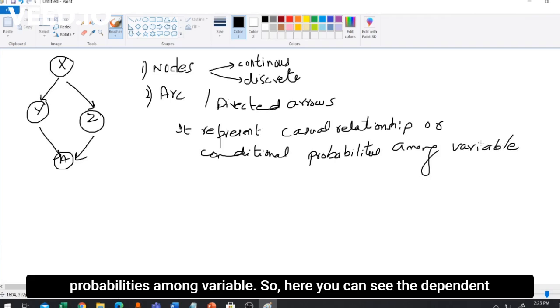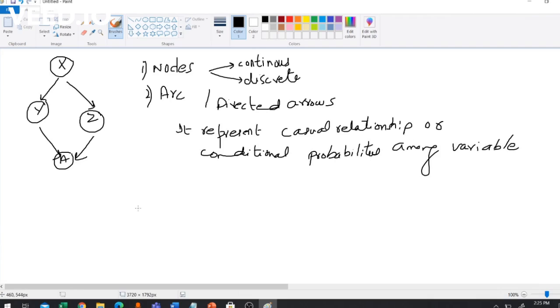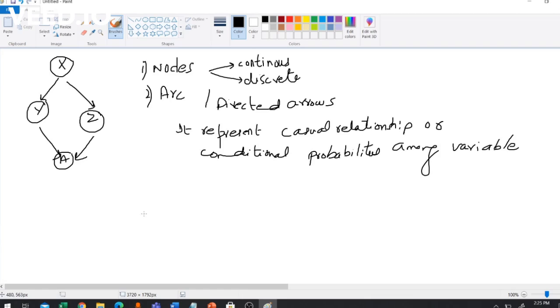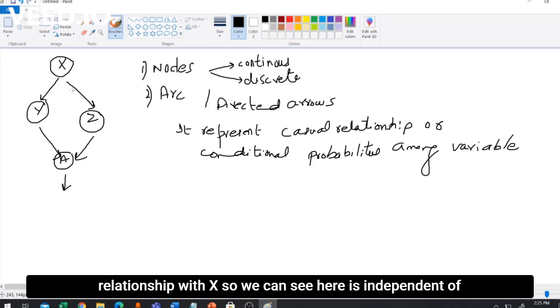So here you can see the dependency and independency. If I talk about A, it is independent because it has no relationship with x.